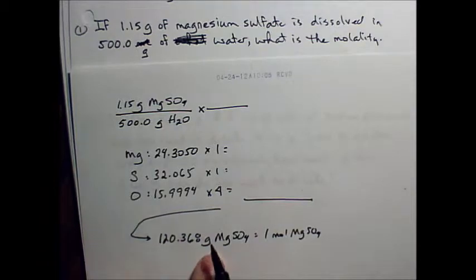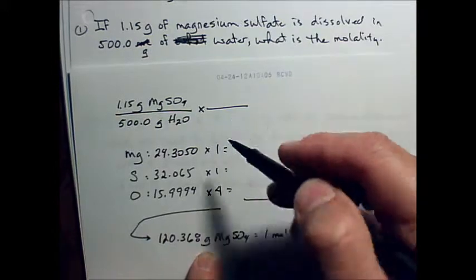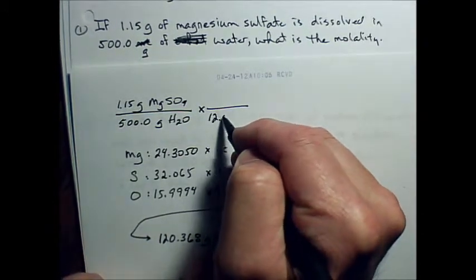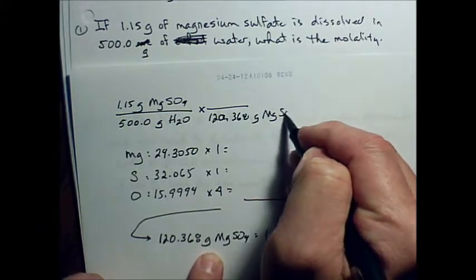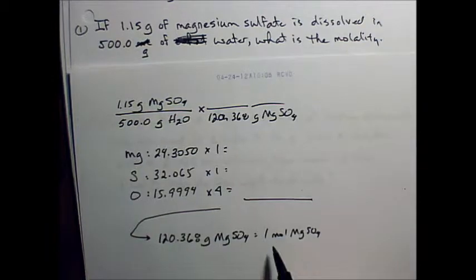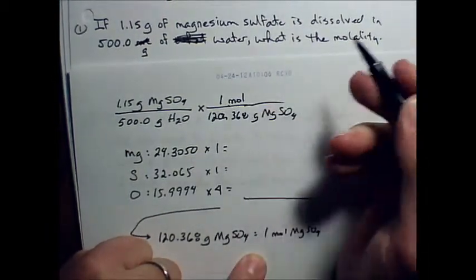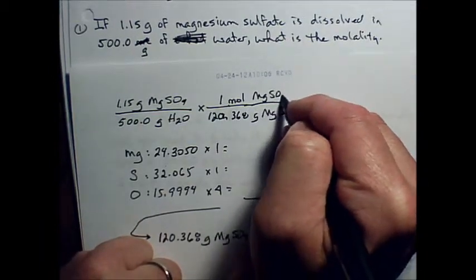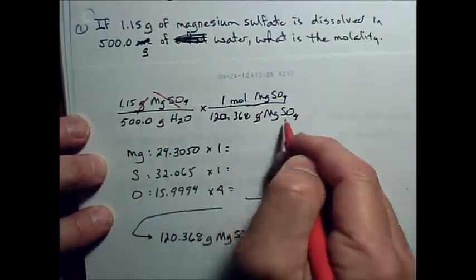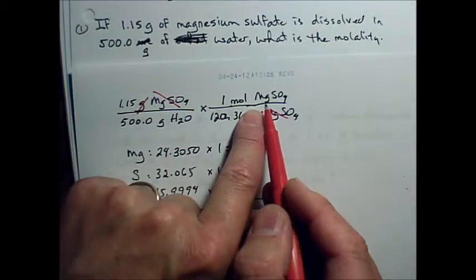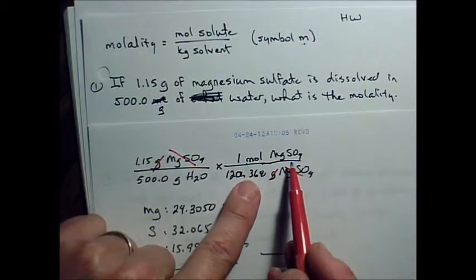You match the units and species in the top and put them on the bottom, 120.368 grams of magnesium sulfate, and put the other side of the equality statement on the top, 1 mole of magnesium sulfate. When we cancel units and species, we have moles of magnesium sulfate on top, which is the moles of solute we need for molality.